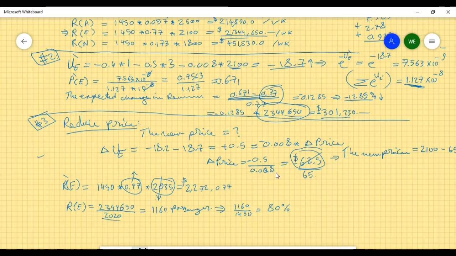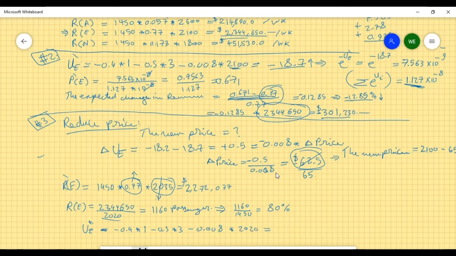So U_E double dash equals, again, minus 0.4 multiplied by the number of stops, which is 1, minus 0.5 multiplied by 3 hours for the layover time, minus 0.008 multiplied by 2020.